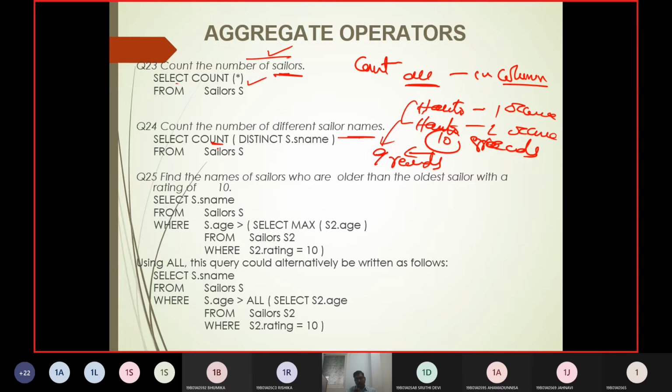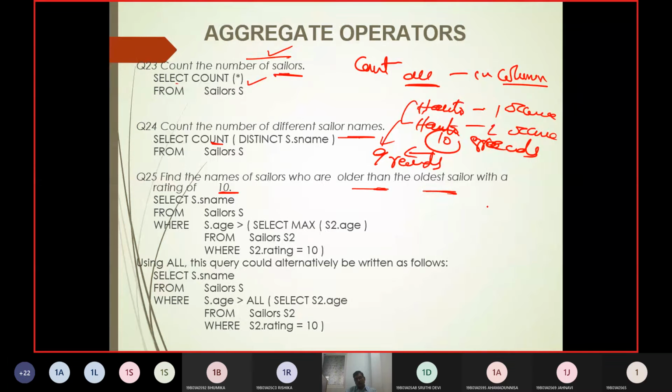Now let us see one complex query which is using an aggregate operation called count. The question was: find the names of the sailors who are older than the oldest sailor with a rating of 10. So who are older than the oldest sailor?